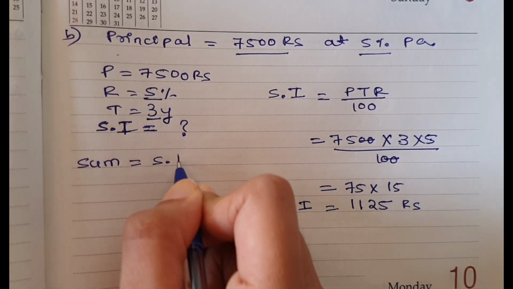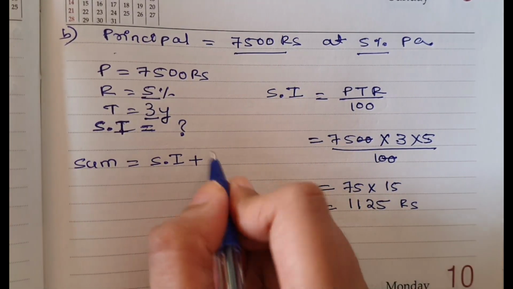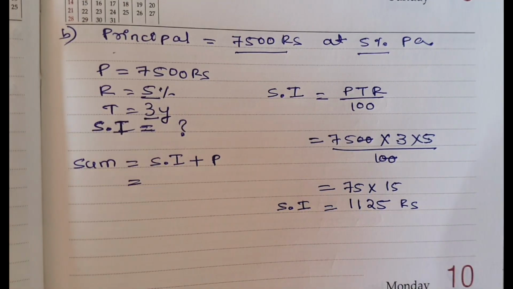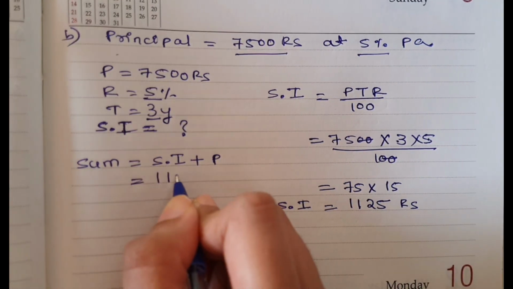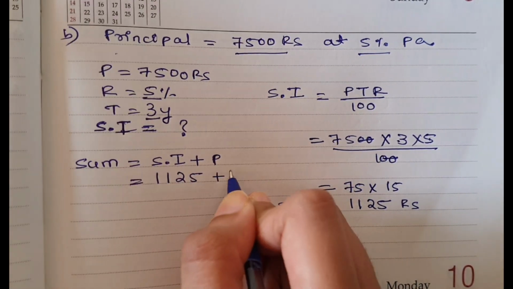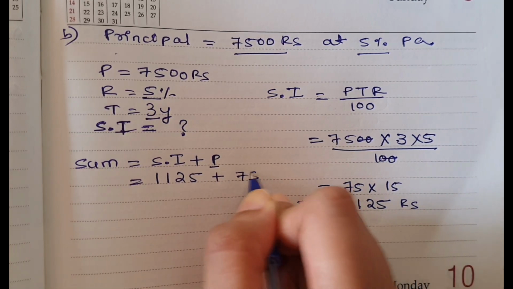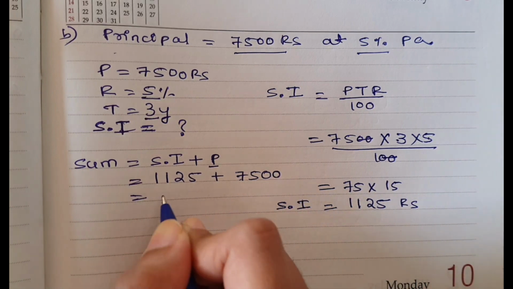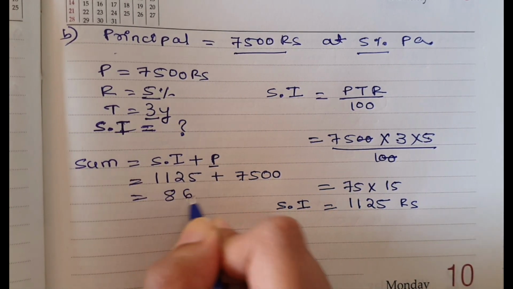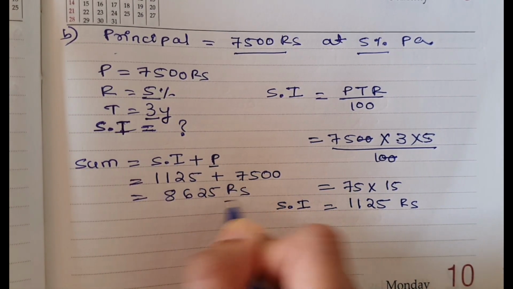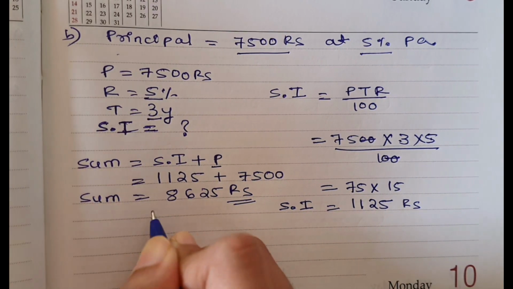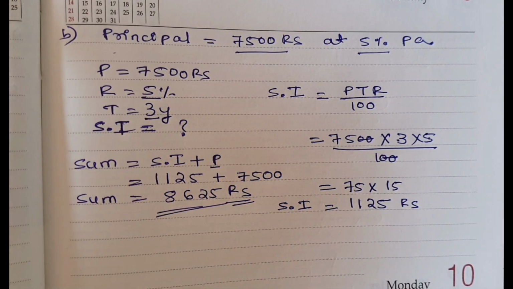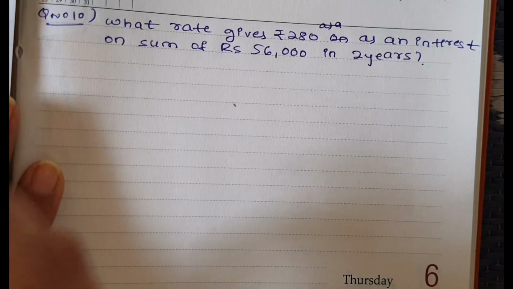Sum is equal to simple interest plus principal amount. Simple interest is 1125 plus P, which is 7500. So this will be 8625 rupees. Sum to be paid is 8625 rupees. This is the answer.